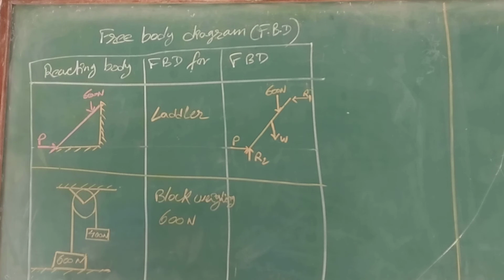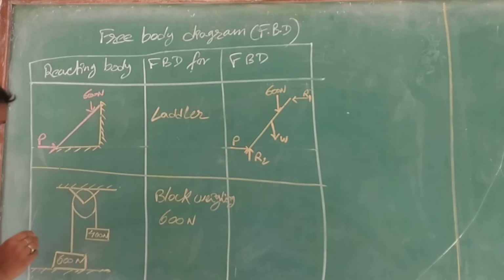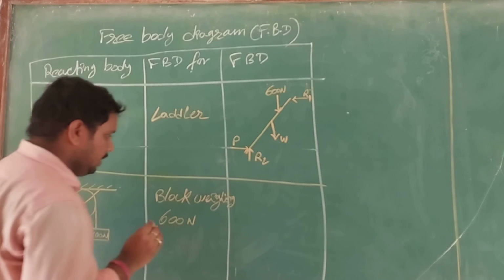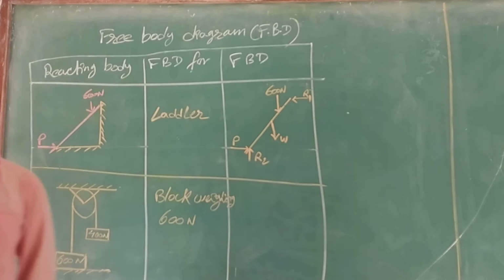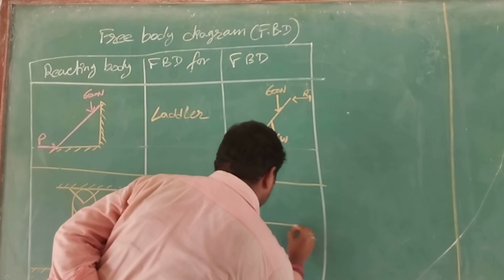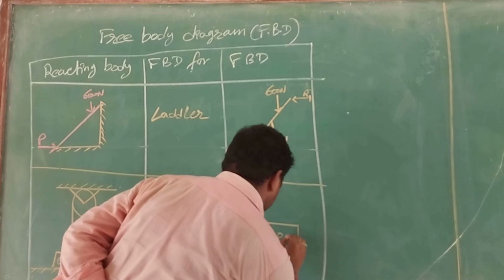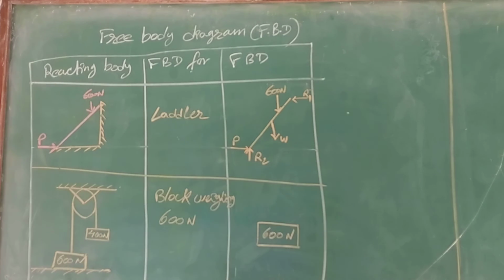If you see the first example, it's similar. This is my wall, but here this is a string. So how to find it? First, let us draw a block of 600 Newton. So this is my block whose weight is 600 Newton.